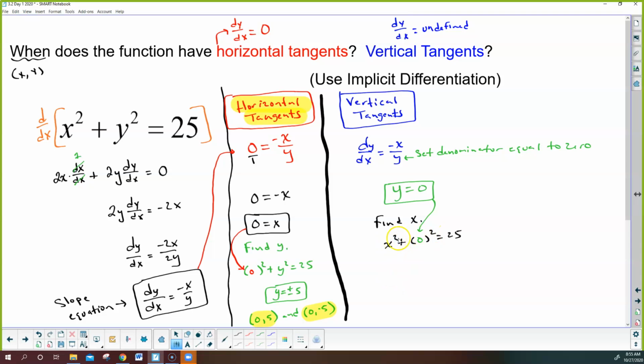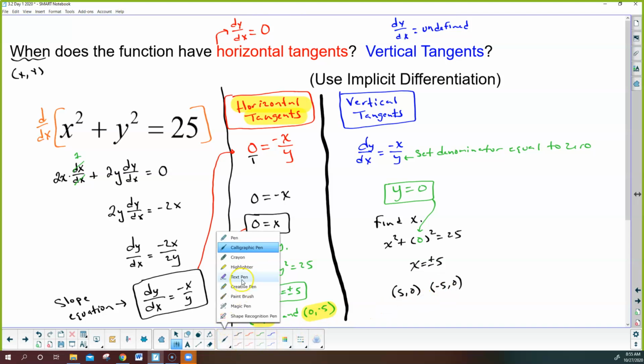You could solve this in your head. X squared equals 25. If I take the square root, I'm going to get 2 answers. So now my vertical tangents occur at (5, 0) and (-5, 0).